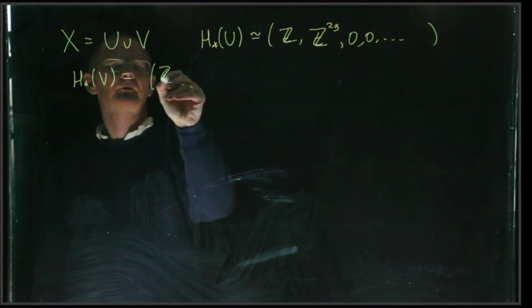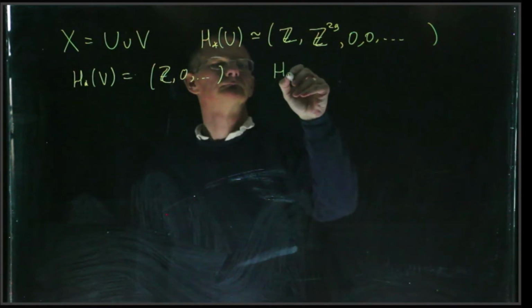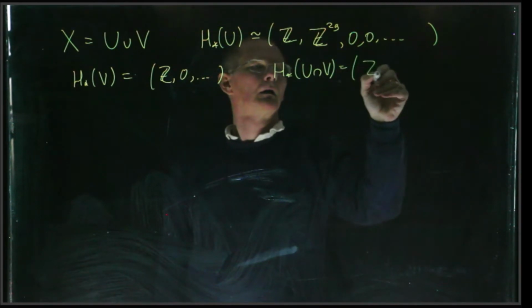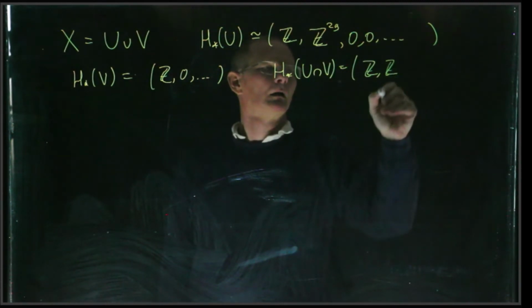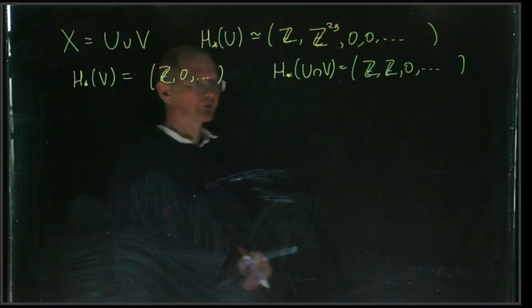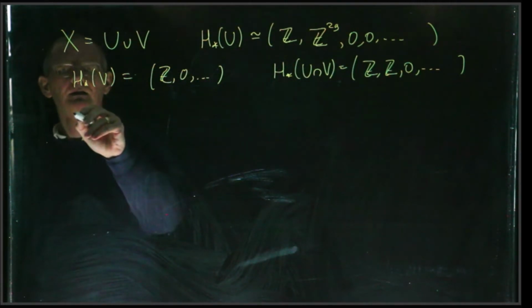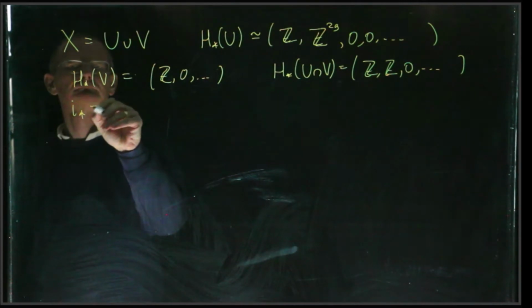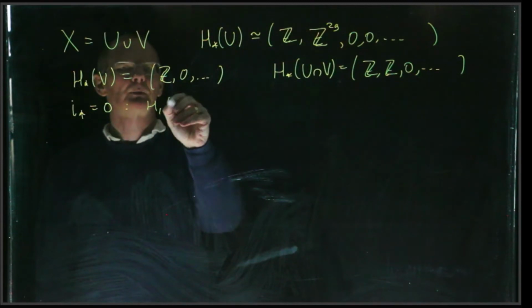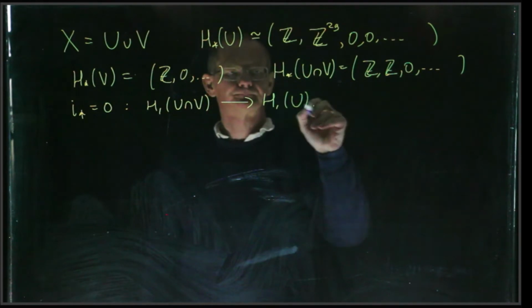It's just a disk. And U intersect V was homotopy equivalent to a circle, so you just get Z and Z like so. And our i lower star is 0 as a map from H1 of U intersect V to H1 of U.